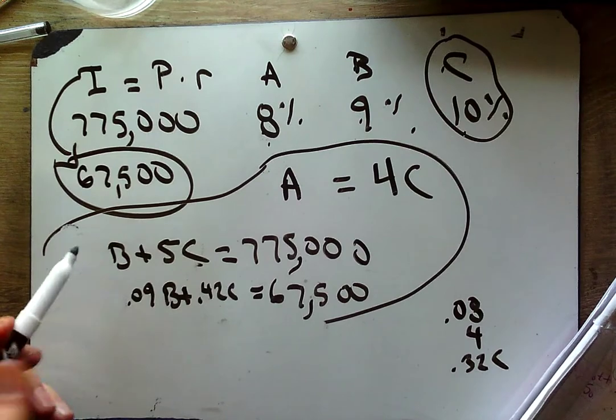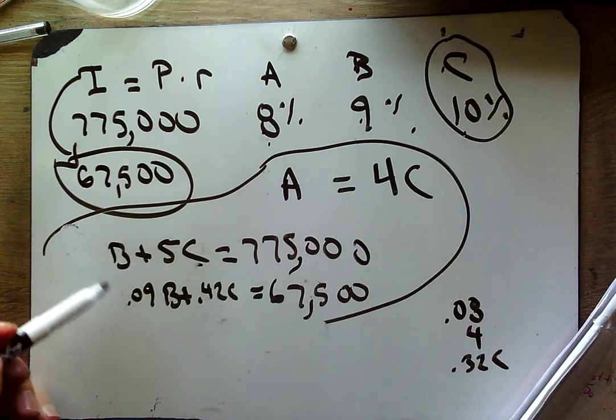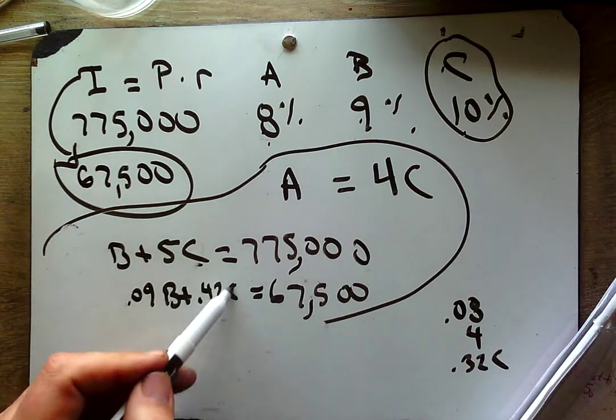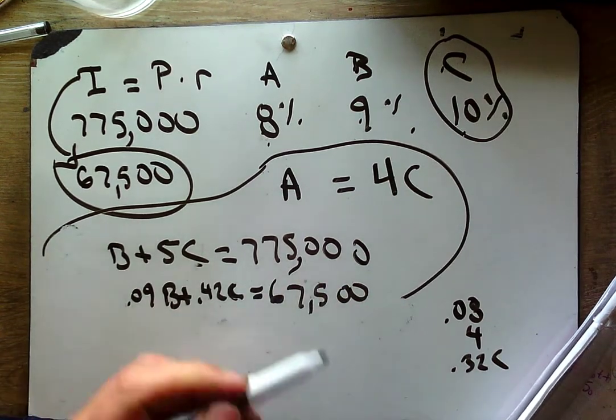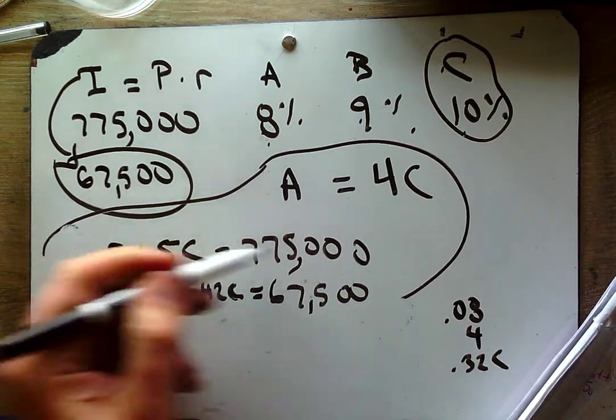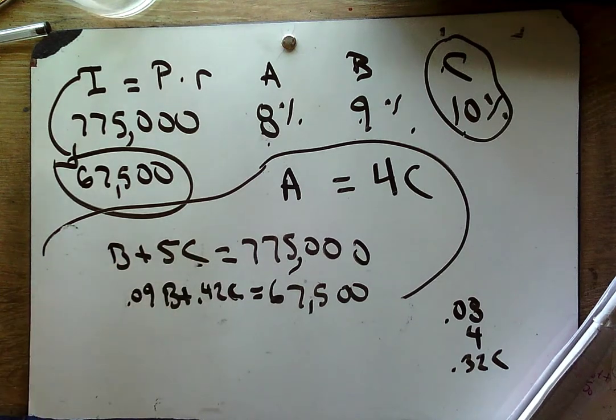Again, if you want to do substitution, that's fine. If you want to use elimination, that's fine. I'm never going to care how you solve this. I think I'm going to multiply this row by 0.09.